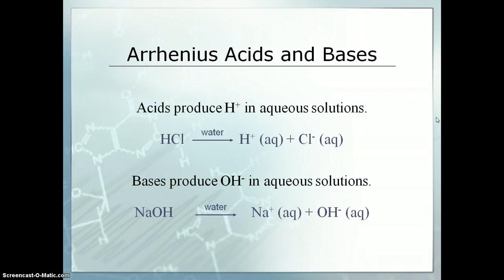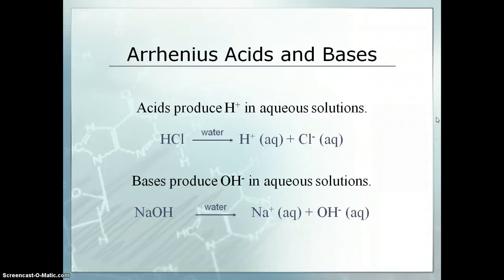So, you have an acid, HCl, when added to water, it creates H plus ions and Cl minus ions. They totally separate. Bases produce OH minus ions in aqueous solutions. So we see sodium hydroxide, NaOH, and when we add water, we produce sodium ions and hydroxide ions, OH minus ions.